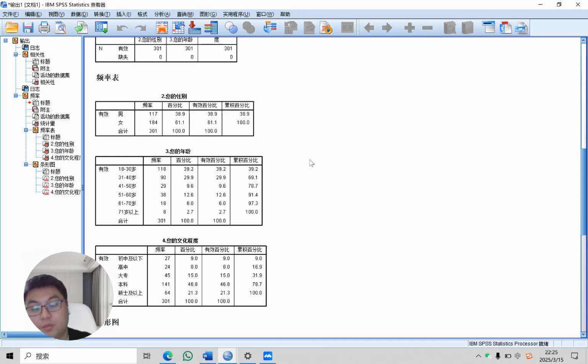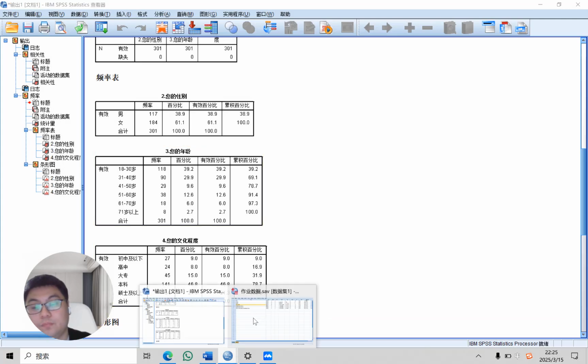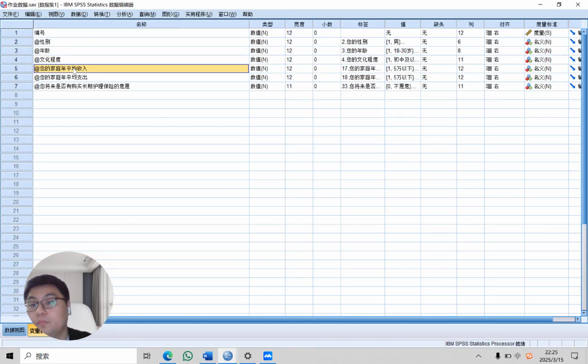Next is the descriptive statistics for continuous variables. We mainly look at income and expenses. The operation steps are similar to before.